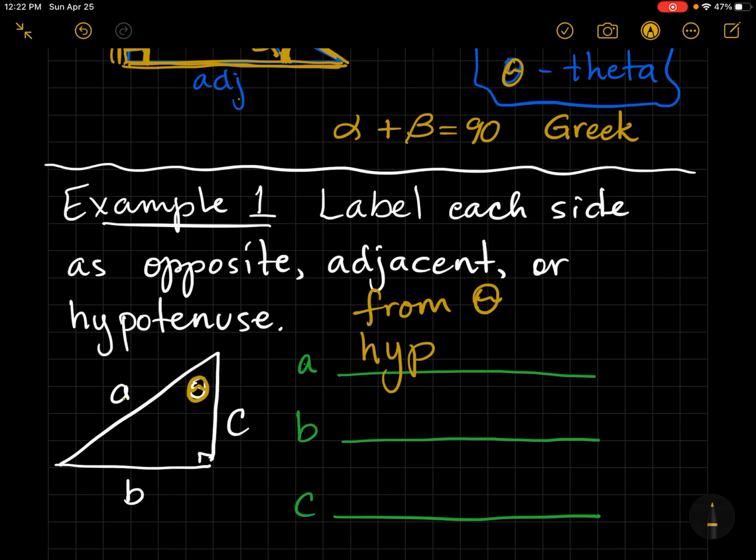Whatever's opposite the 90, whatever's the longest side is the hypotenuse. Now, B does not touch the angle, so that would be considered opposite of theta. And C actually touches, it makes one of the sides. So it is adjacent to theta.